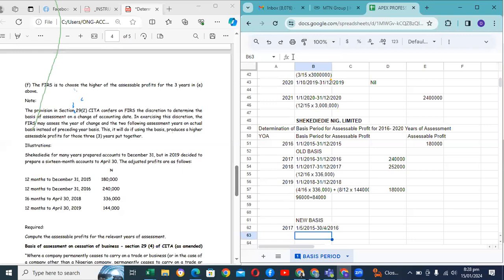Good. Now, you are starting from May, but this is starting from January, right? Yes, sir. So you need to pick out only from May to December out of this.